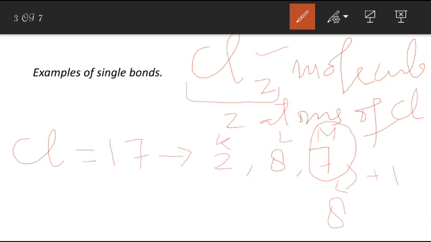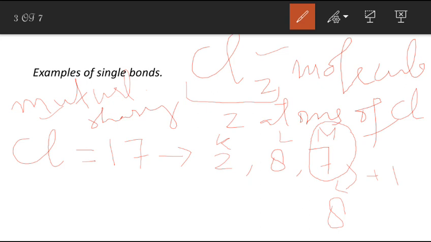When chlorine reacts with a metal, it gains this 1 electron. But when it combines with a non-metal, whether the non-metal is chlorine itself or any other atom, it will form a bond by the mutual sharing of electrons.